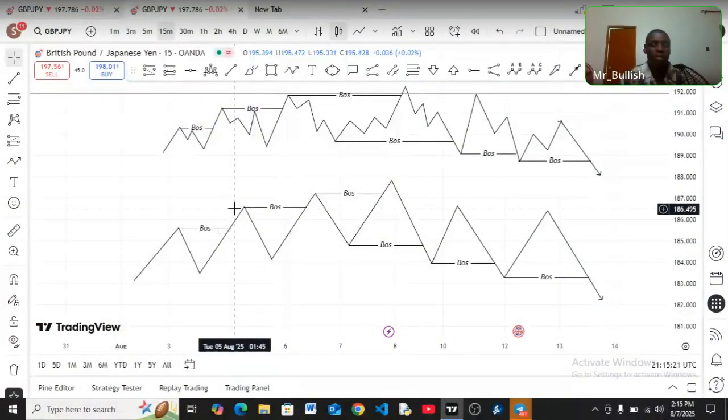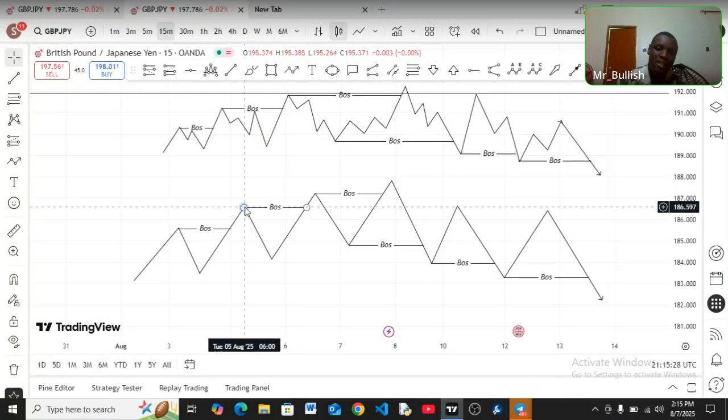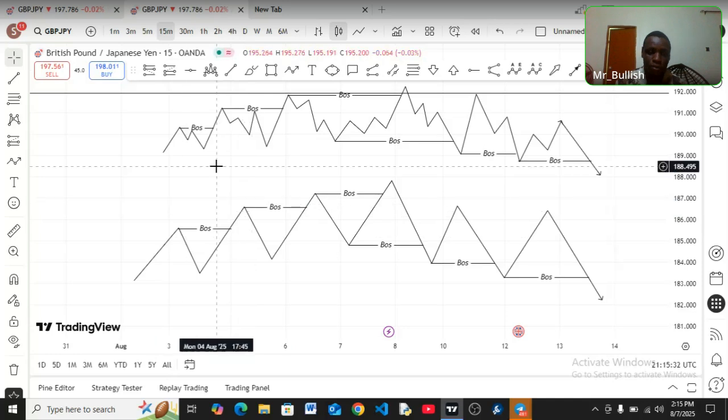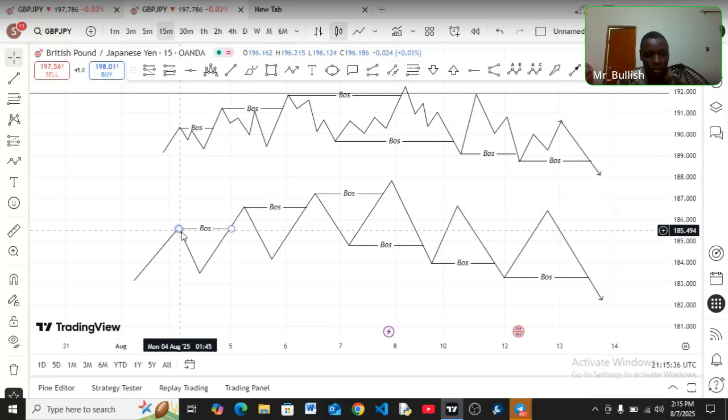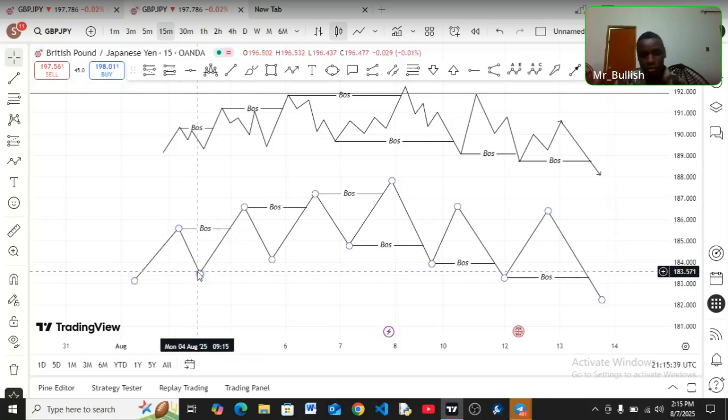I told you a market structure is a place where the market took a reversal, either to the up or to the down. Everywhere you have a circle on this drawing, those are the market structure, the places where the market reversed from.